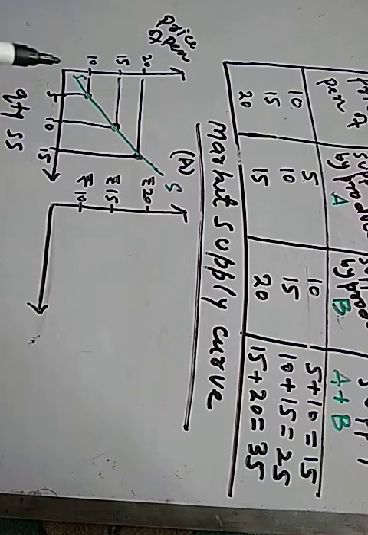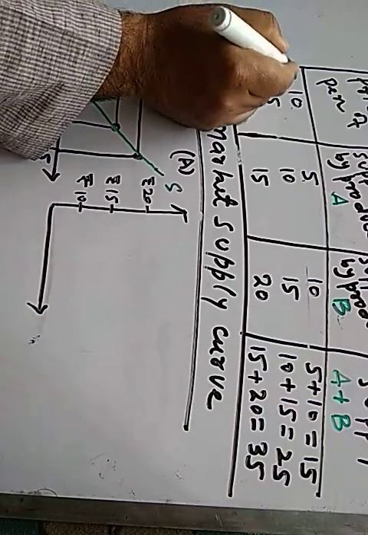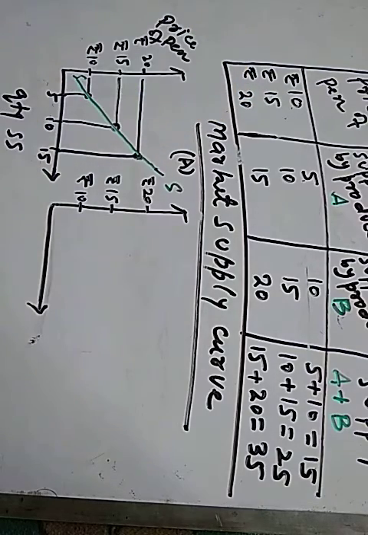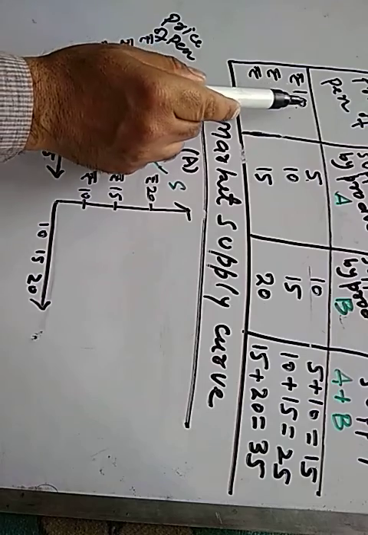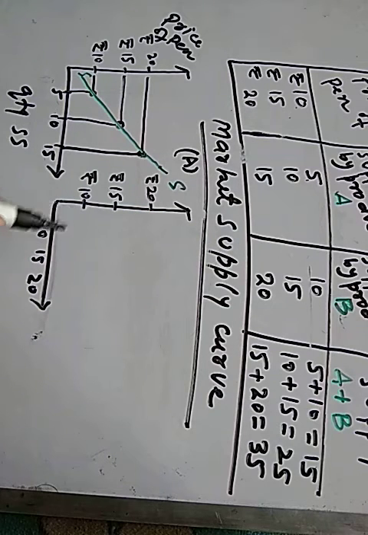This is the symbol of the Indian rupee. And quantity supplied by producer B at these different prices are 10, 15 and 20. When the price of pen is 10 rupees per unit, quantity supplied by producer B is 10 here.